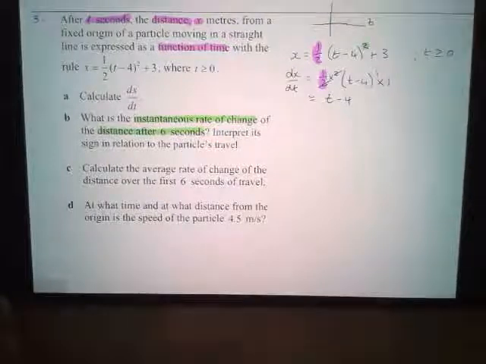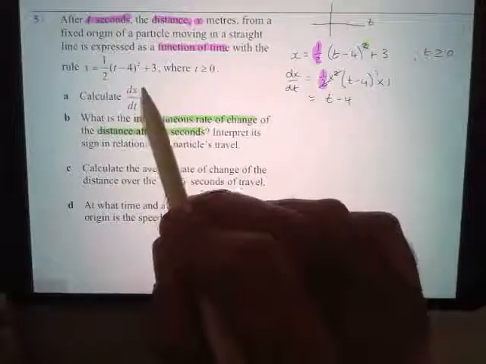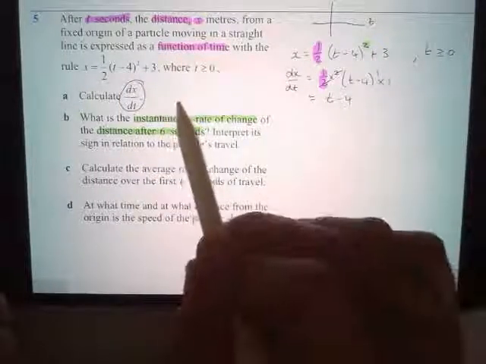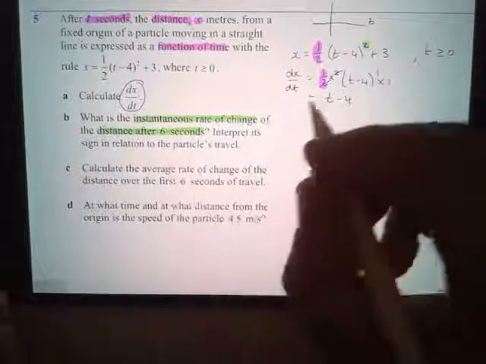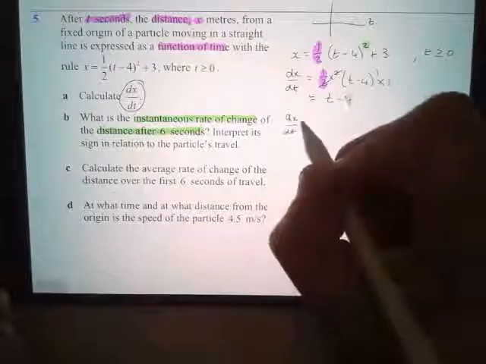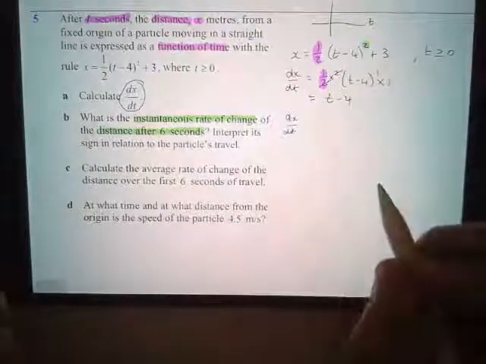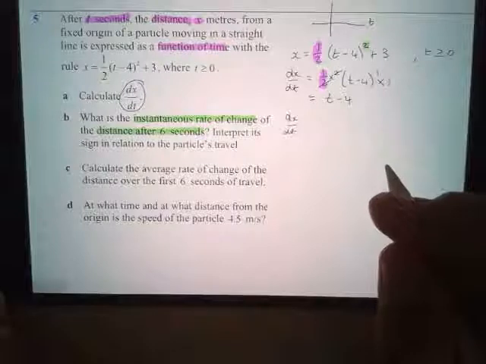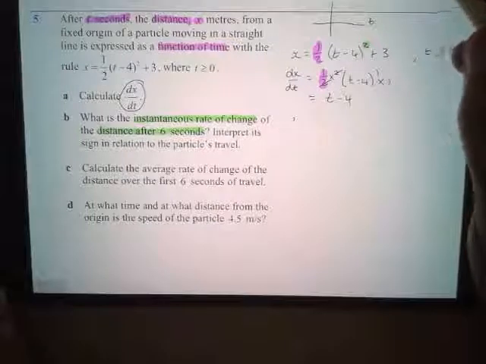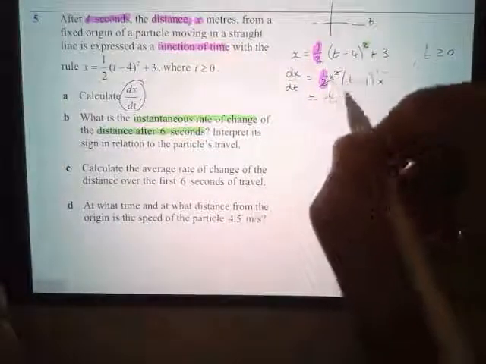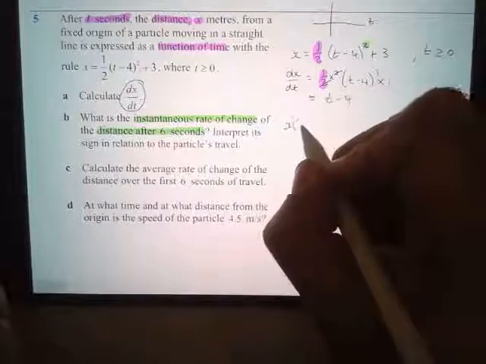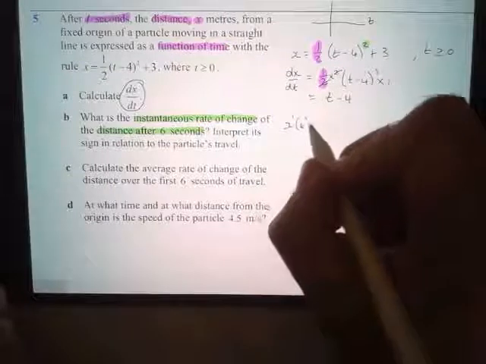This dx dt is the instantaneous rate of change, which means I want to know dx dt when time equals 6. So I'm going to find the derivative of x when the time is 6 seconds.